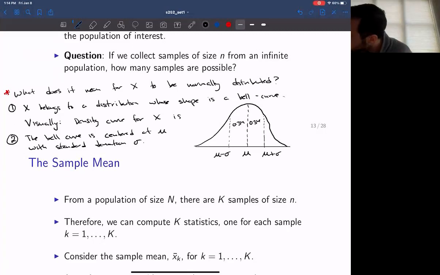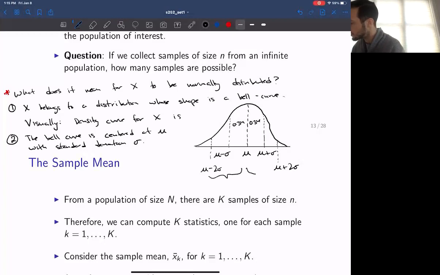And then if we move 2 standard deviations over, here we'll have mu minus 2 sigma. In here we'll have mu plus 2 sigma. Now, in between the 2 standard deviations of the mean, we have 95% total, so on each side that would be 47.5%.